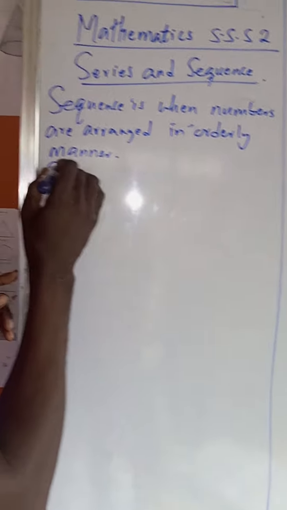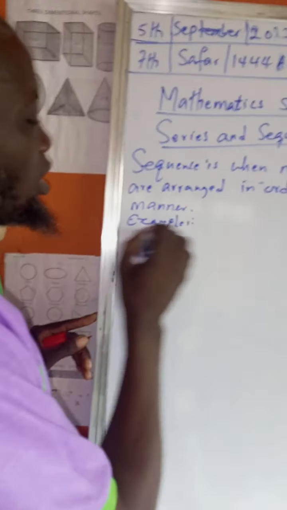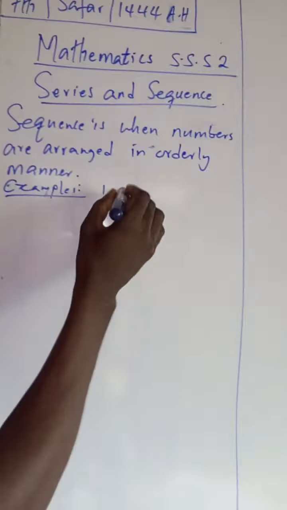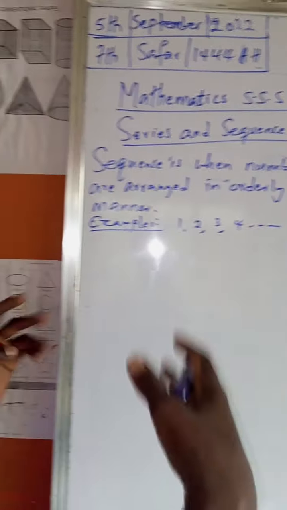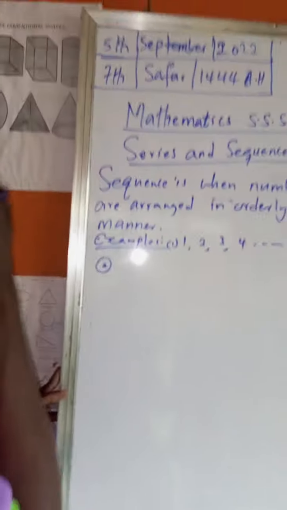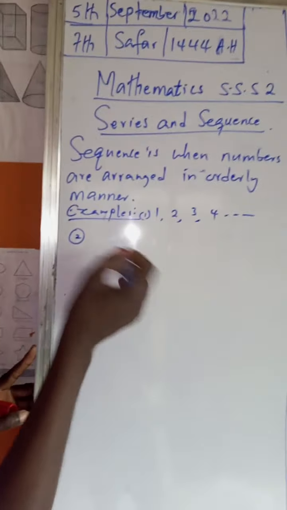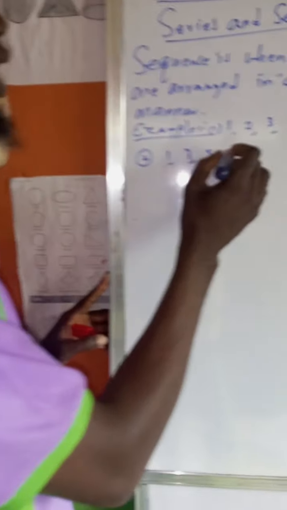For example, this is a sequence: 1, 2, 3, 4, and like that, because they are in a particular pattern. Let's say we have 1, 3, 5, 7.